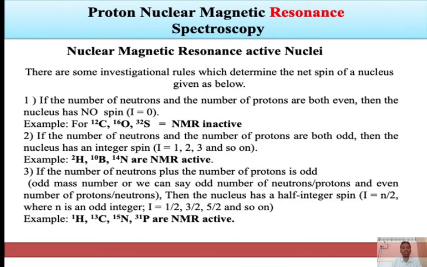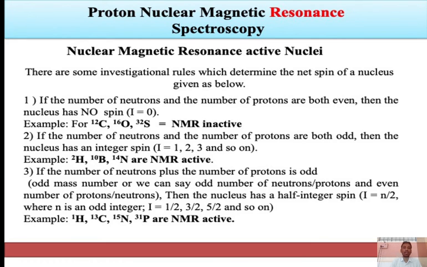First rule: if the number of neutrons and the number of protons are both even, then the nucleus has no spin, I equals 0. For example, carbon 12, oxygen 16 and sulfur 32 are NMR inactive nuclei.